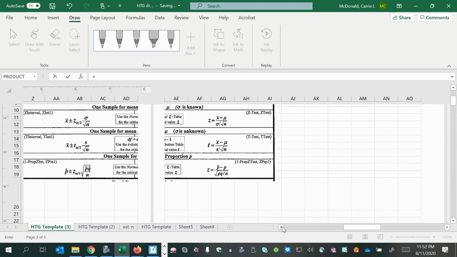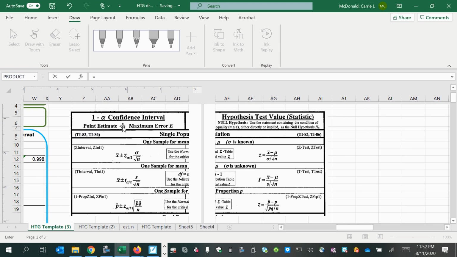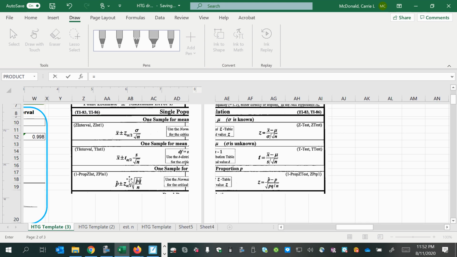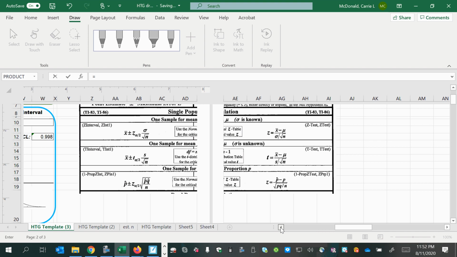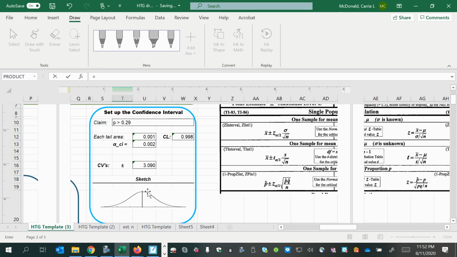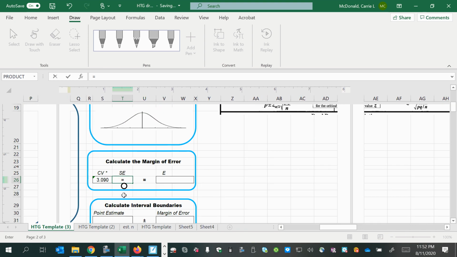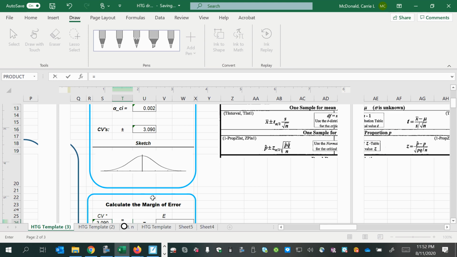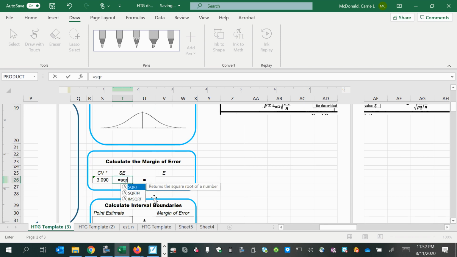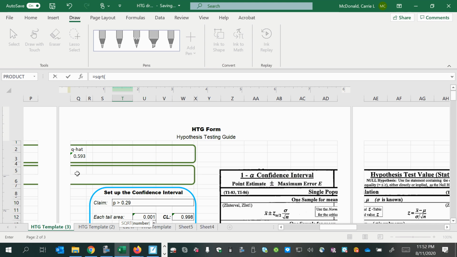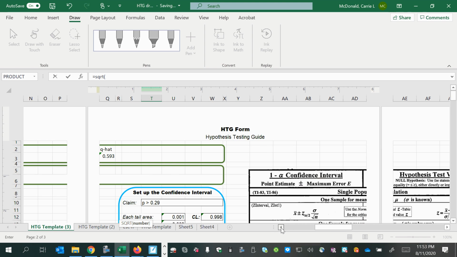Remember, for the confidence intervals on the left side of the formula sheet, the margin of error that we're looking for is here, z alpha half times the square root of p hat q hat over n. So we'll go ahead and calculate that by using the square root function. Then we'll go up and get the p hat and the q hat.